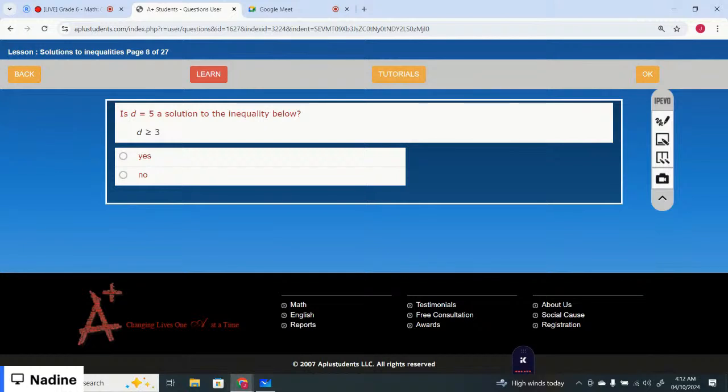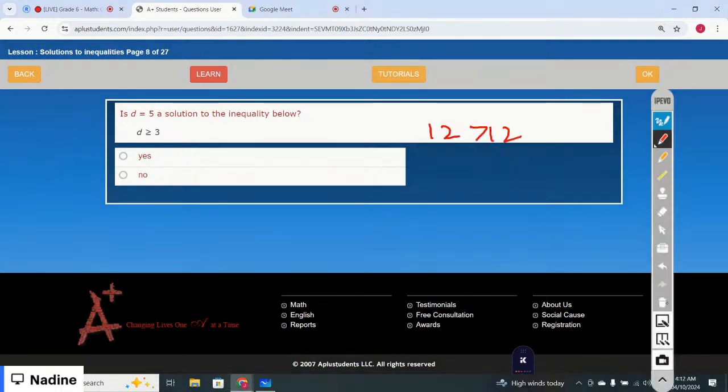Is d equals 5 a solution to the inequality below? So that is 5 is greater than or equal to 3.